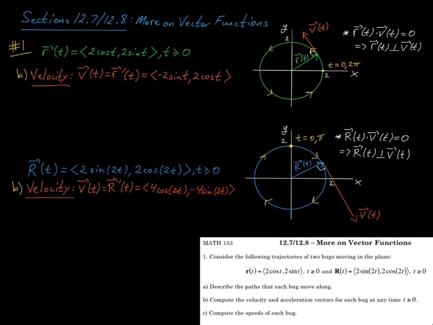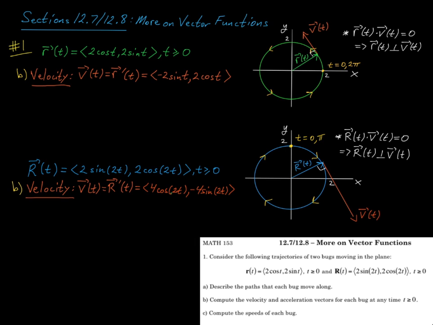And since we know that the velocity vector points in the direction of increasing t, since this is a clockwise parameterization, if I'm located right here in quadrant 1, the velocity vector will point in this southeasterly direction.